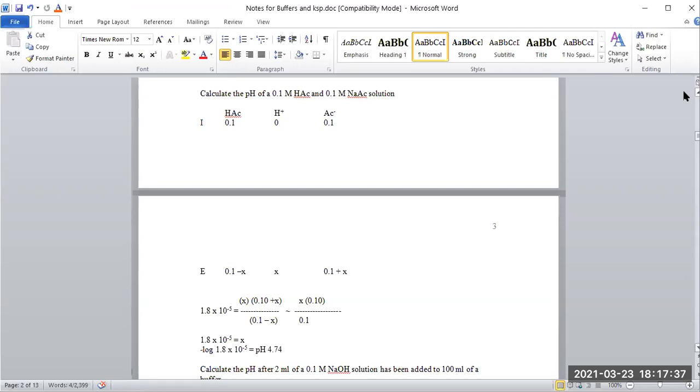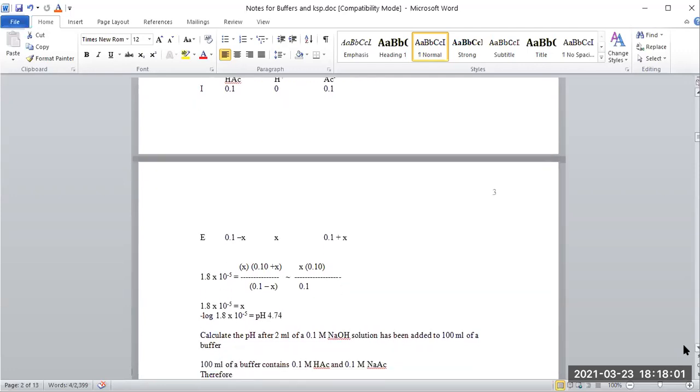It is in the nature of that particular buffer. If you use those two substances, acetic acid and sodium acetate, and they have matching concentrations, it will always crunch out to give you a pH of 4.74.